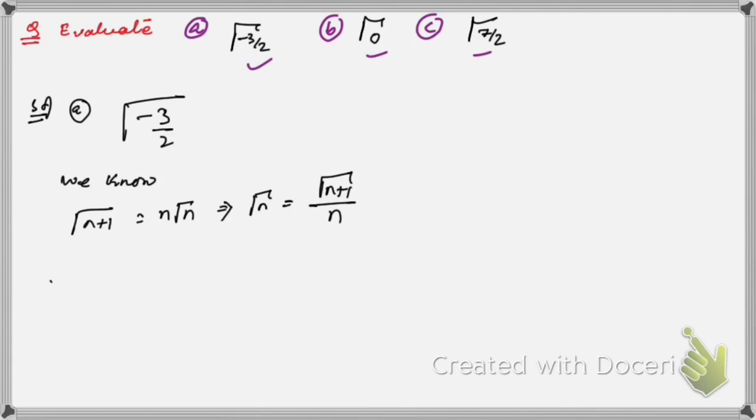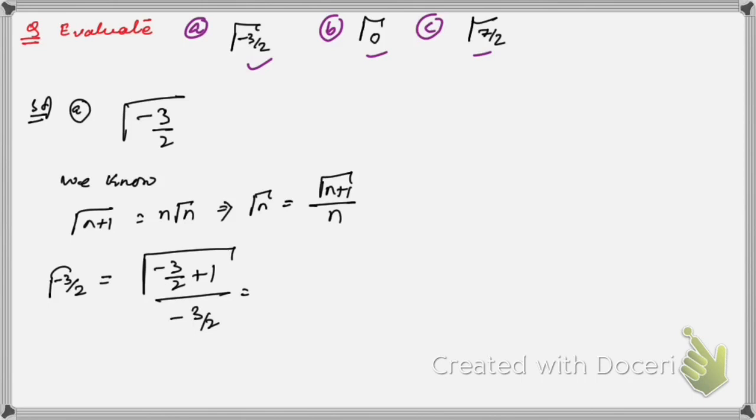So for gamma of minus 3 by 2, if you replace n by minus 3 by 2, then what you will get? Gamma of minus 3 by 2 plus 1, divided by minus 3 by 2. That's what we will get.